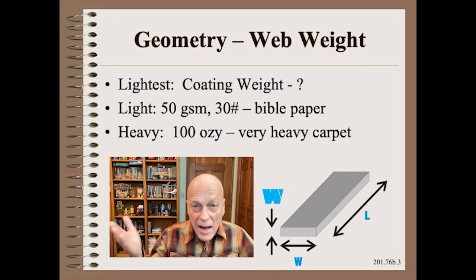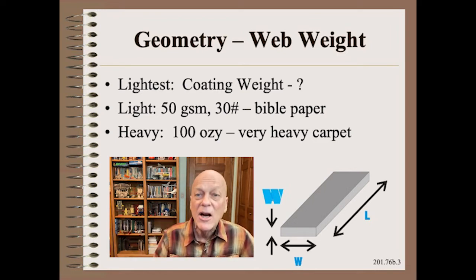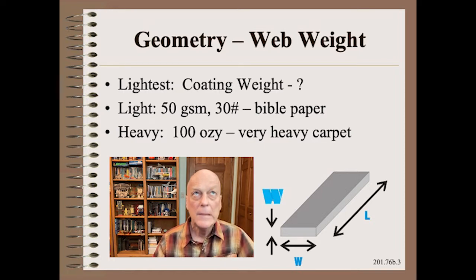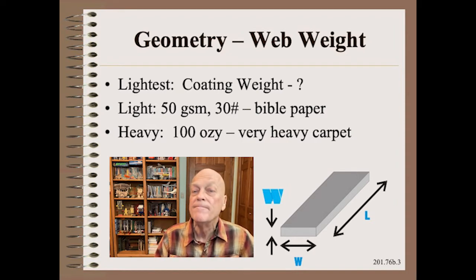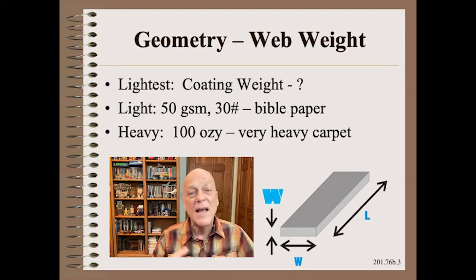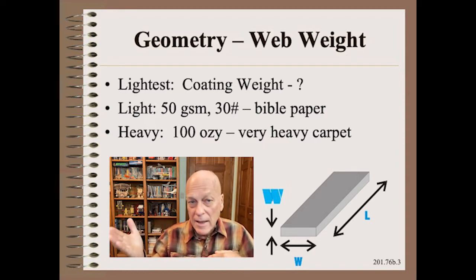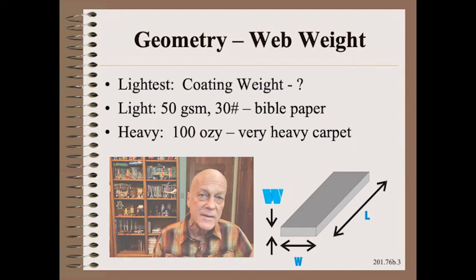On the heavy end, we have heavy carpet, construction materials, or rubber sheet that can be as heavy as 100 ounces per square yard, or OZY for short. Again, about 1,000-fold difference between the lightest and heaviest webs.